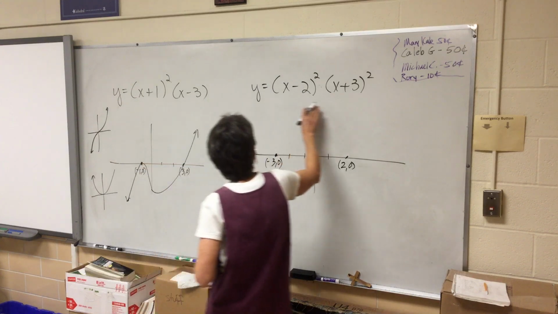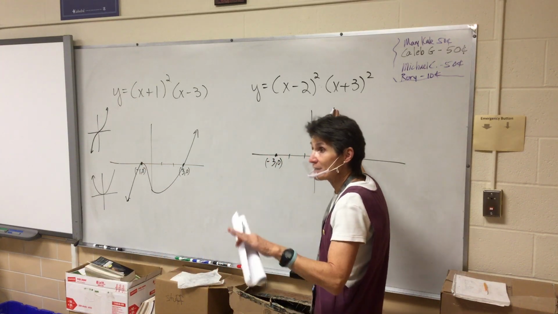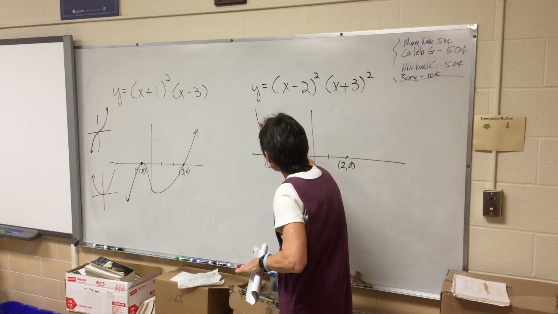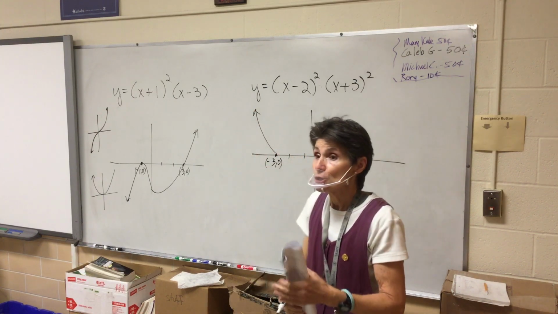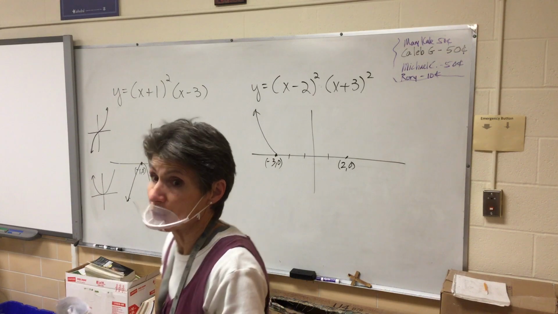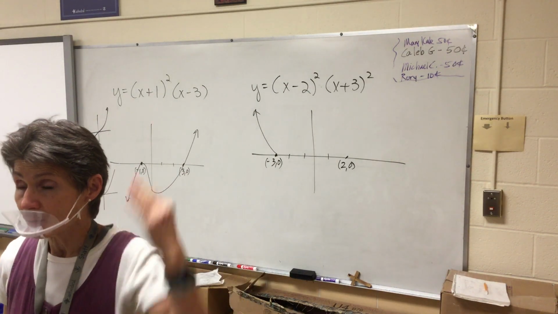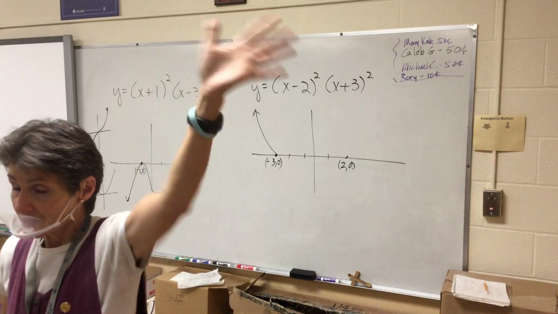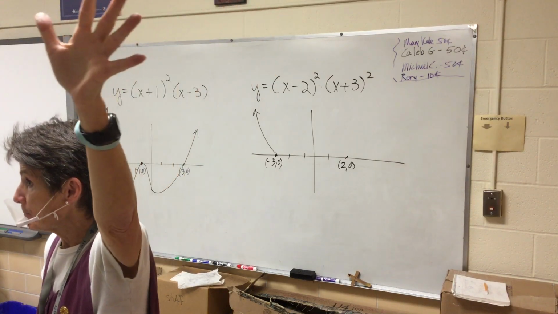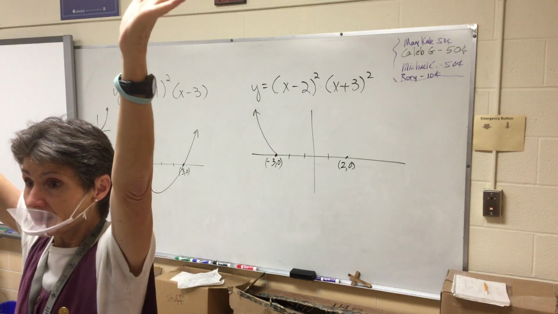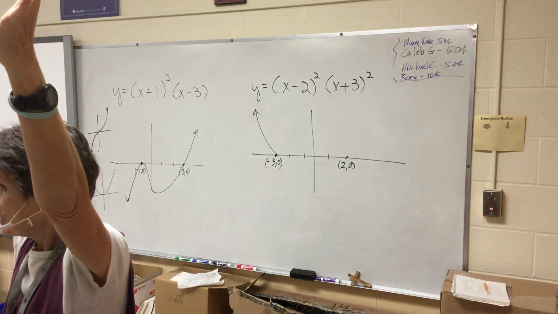So since this problem is an x to the fourth, it's going to start up here. You have to remember that odd powers start down and end up. This is what odds look like. Evens start up and end up. You got to remember that.